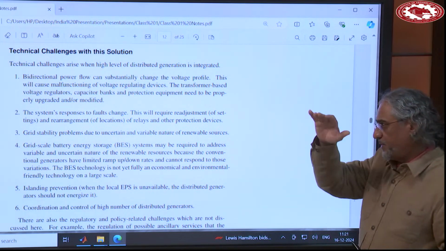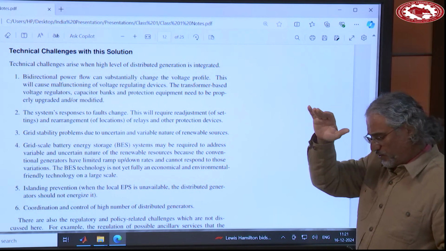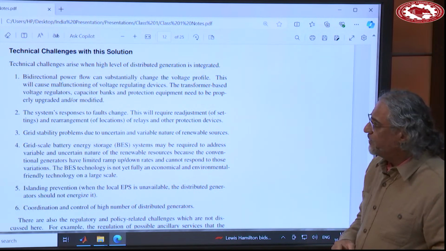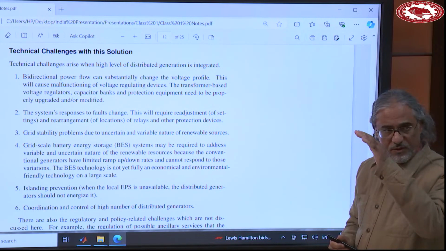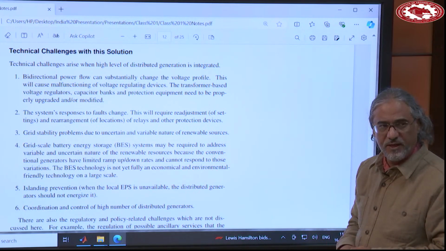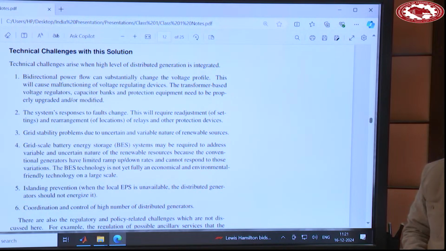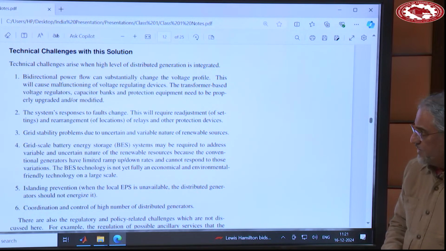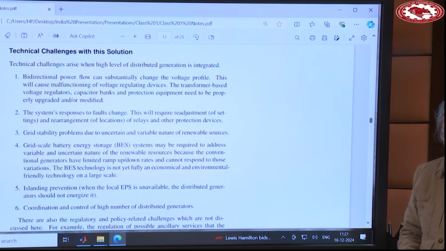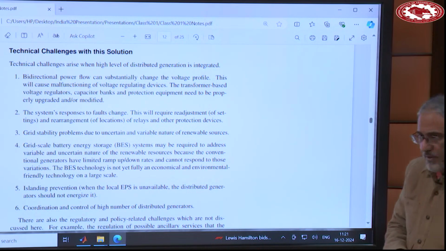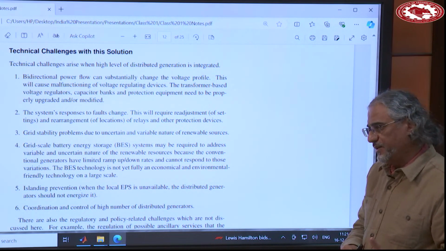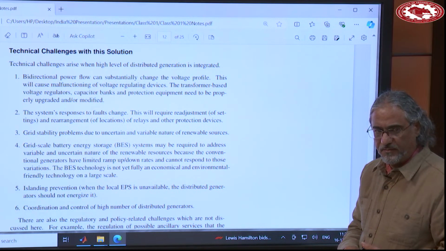Basically, if you look at this power system, the power flow is unidirectional from generation to the distribution through the transmission. Maintaining and operating this power system necessitates putting in a lot of, for instance, breakers, switches, and relays to protect the power system.